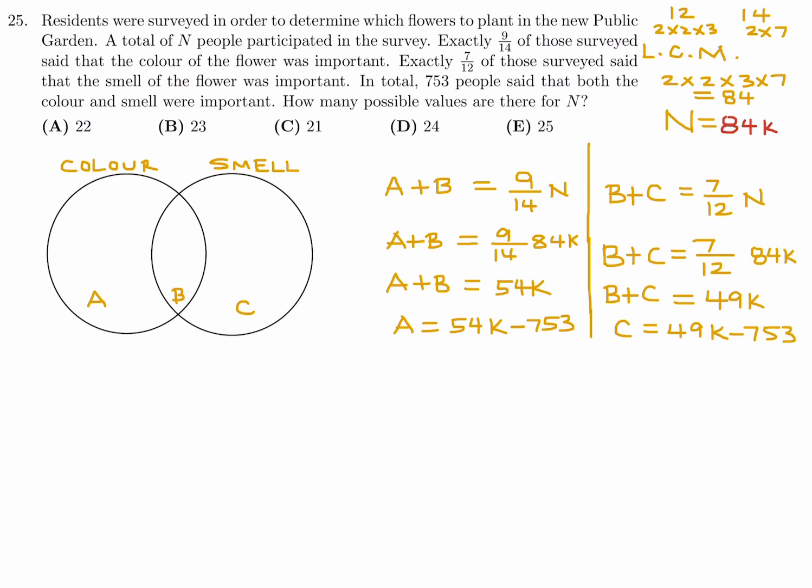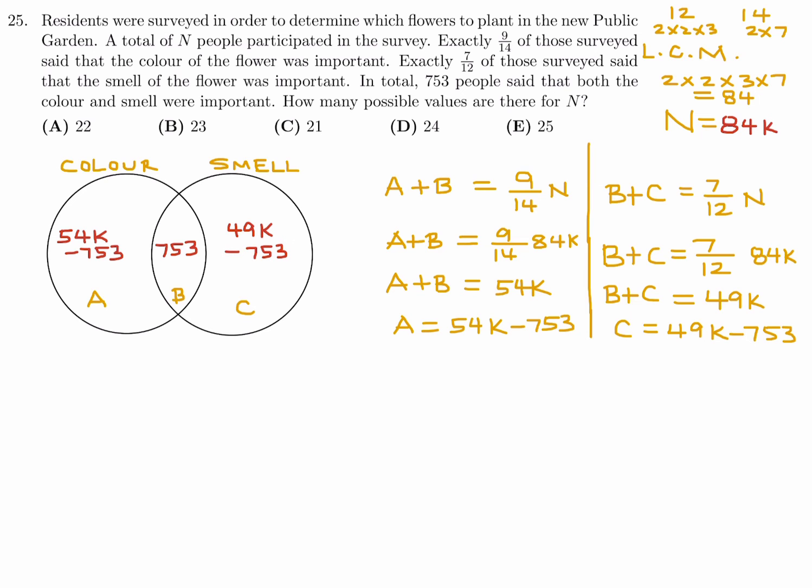So let's complete this Venn diagram with the values: B is 753, A is 54K minus 753, and C is 49K minus 753.